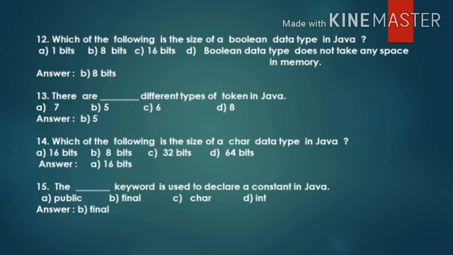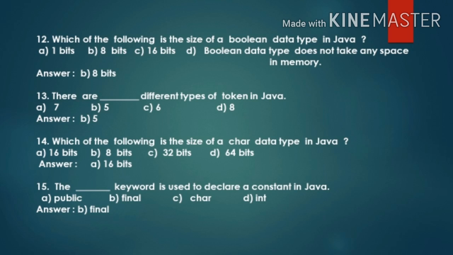Question number 12. Which of the following is the size of a Boolean data type in Java? A. 1 bit, B. 8 bits, C. 16 bits, D. Boolean data type does not take any space in memory.